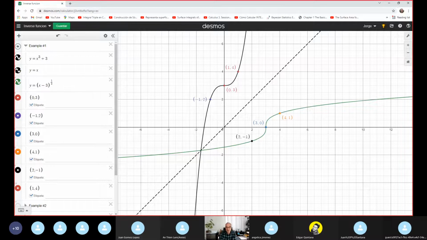Let's move on to the second example. Second example is interesting. It's a new one. Bring me a new situation. Suppose that I need to apply again the 5 steps in example 2, but that function is f of x equal x squared, semicolon, x greater than or equal to 0.